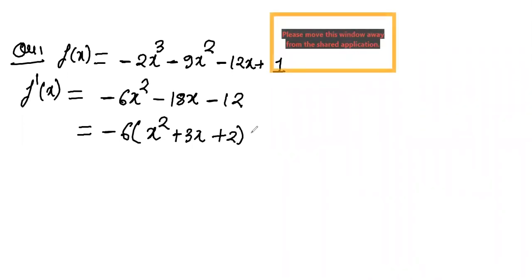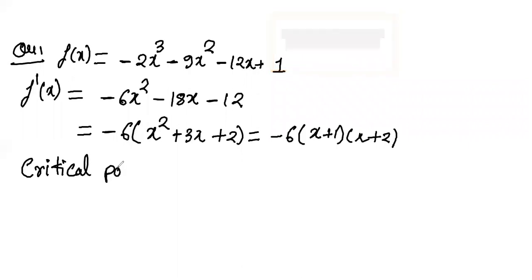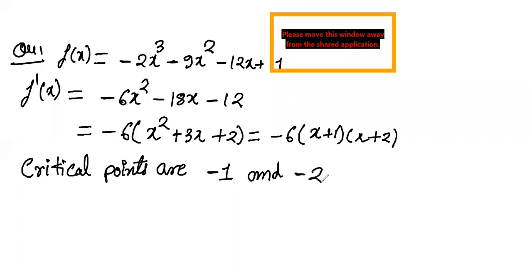So I can write it as minus 6 into x plus 1 into x plus 2. So the critical points are minus 1 and minus 2.